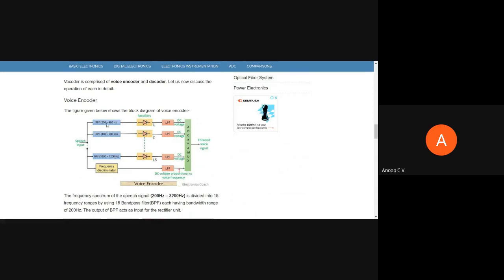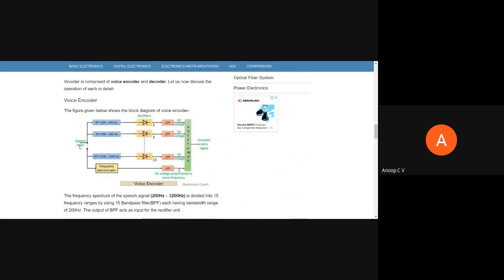That range is divided into 15 bands of 200 hertz each. For instance, one band is 200 to 400 hertz, another is 400 to 600, and the 15th band is 3000 to 3200 hertz.